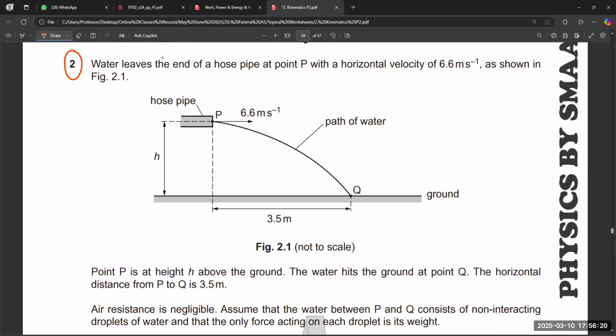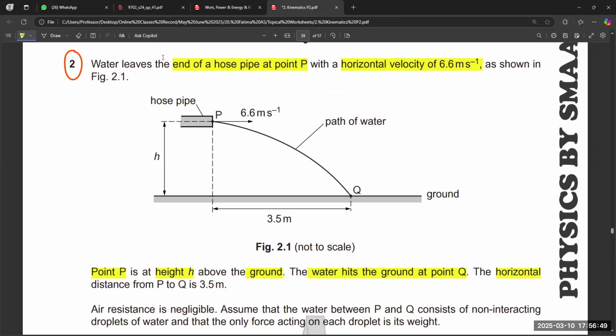And in this question, water leaves the end of a hose pipe with a horizontal velocity of 6.6 meter per second as shown in figure 2.1. Point P is at height h above the ground and the water hits the ground at point Q. The horizontal distance from P to Q is 3.5 meter.